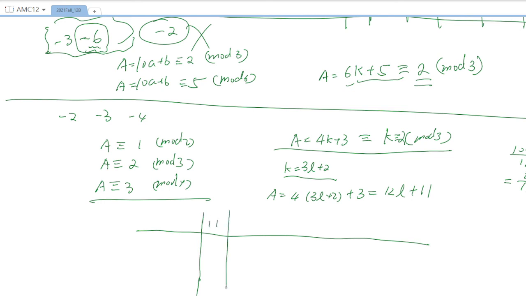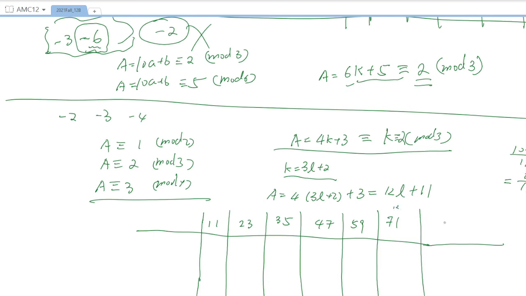So first is 11, next is 23, next is 35, next is 47, next is 59. Next, add 12, it's 71. Next 83. Next 95. Okay, so we already handled 2, 3, 4, right? That means we need to check 5, 6, 7, 8, 9, and 10, right?